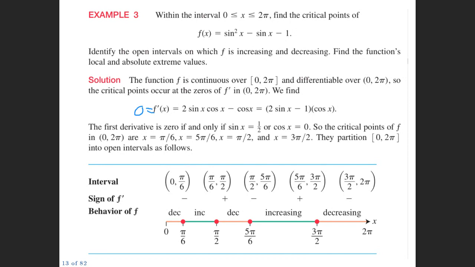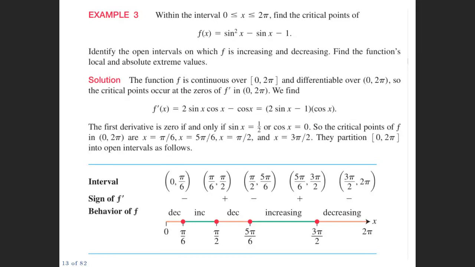So I start with 0 is equal to f prime of x, and then I calculate that: that is 2 sine x minus 1 multiplied by cos x. So this is 0 if and only if cos x is 0 or sine x is equal to a half.